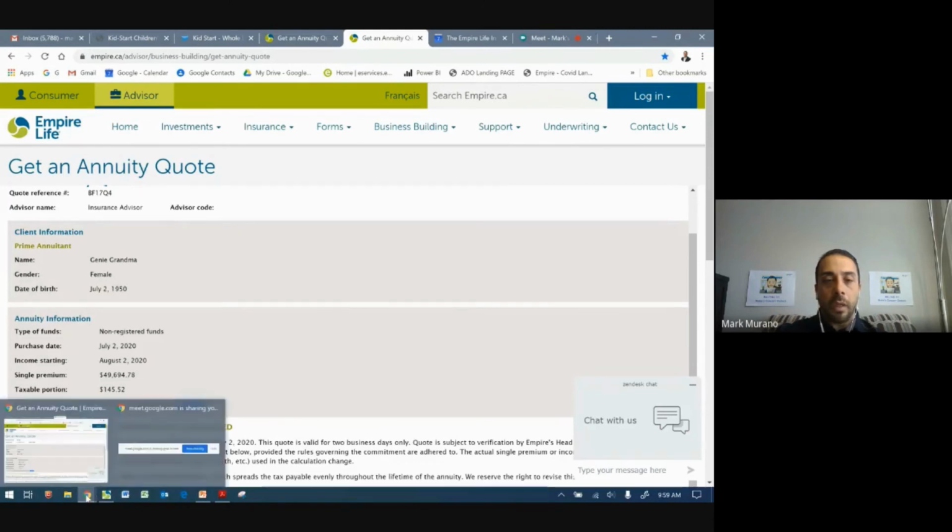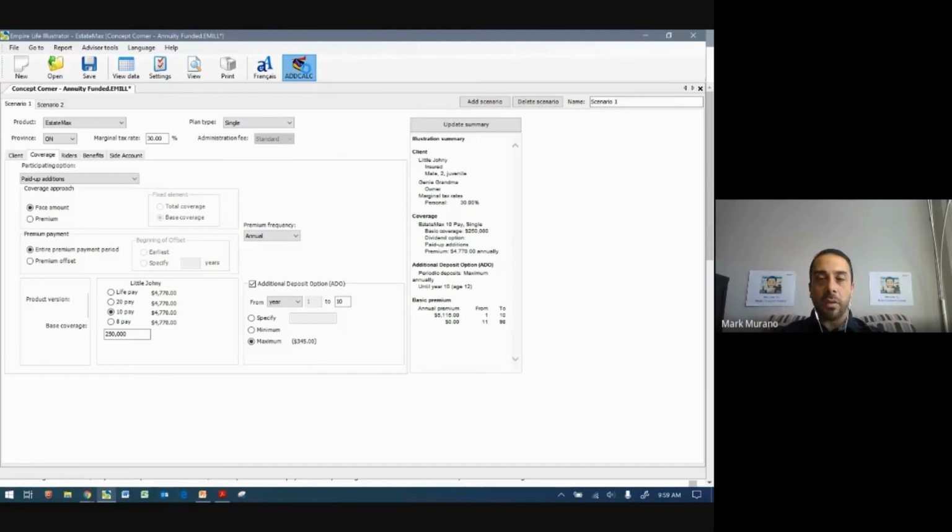Okay. And then as we get into the software, just quickly on AdCalc, we would then open up our illustration. It would take our 10 pay quote and open up AdCalc, hopefully quicker than this. Give me a moment. Just going to carry my numbers over.